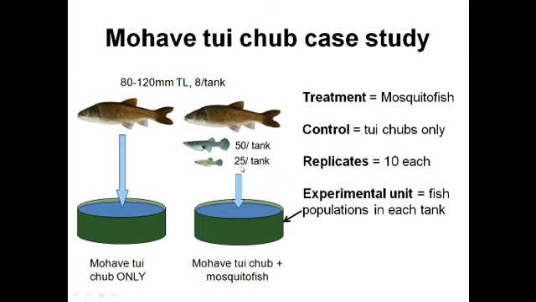And also I stocked 25 males and 50 females just to balance the natural sex ratio of this fish, so I can expect more realistic data, right? And my experimental unit is the fish populations in each tank, right? And please read more about treatments, controls, replicates, things like that in your handout.